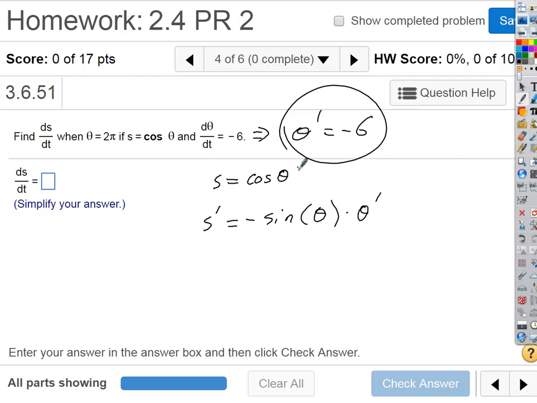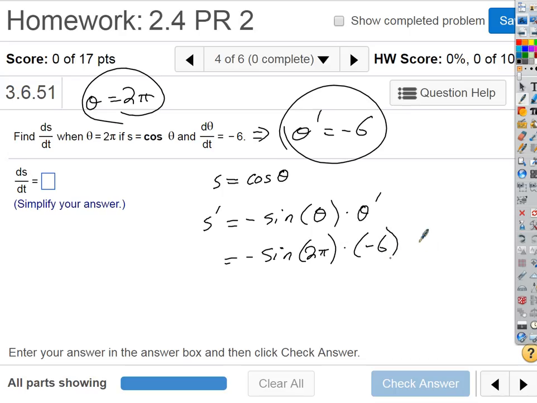It looks like theta is 2 pi. So I could specifically plug that stuff in and get an answer, right? So we end up with minus sine 2 pi. What is the sine of 2 pi? 0. 0 times negative 6 equals 0. That's our answer.